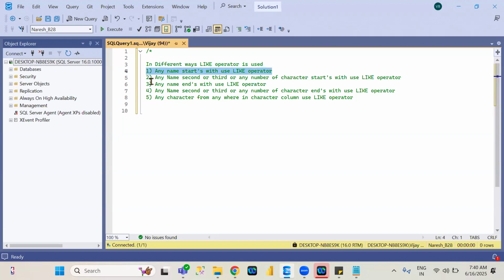For any name that starts with a character, use the LIKE operator.